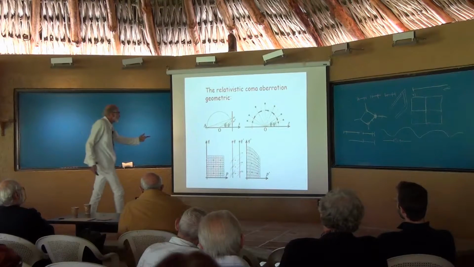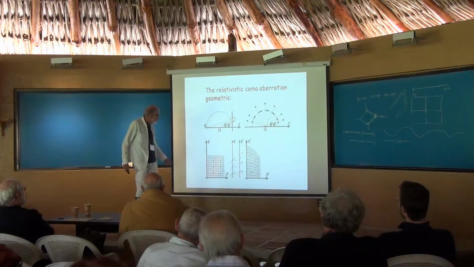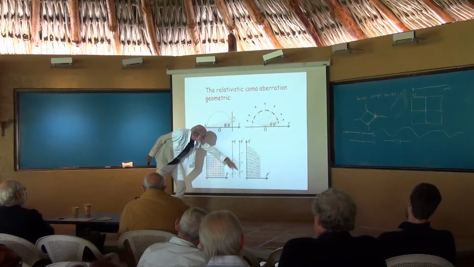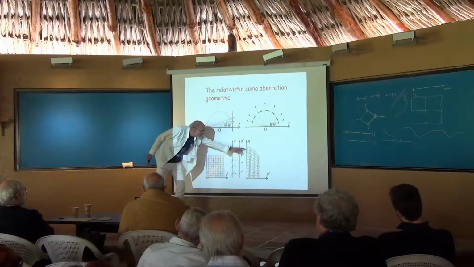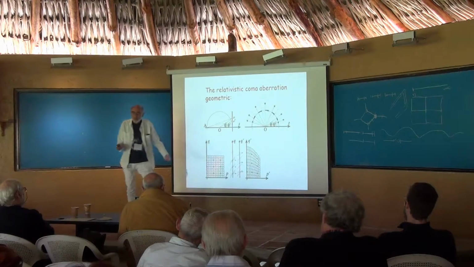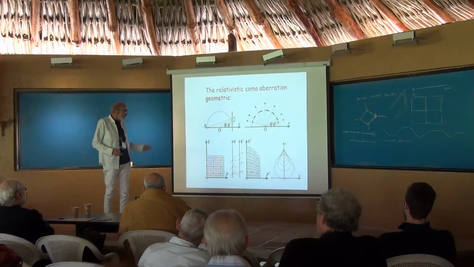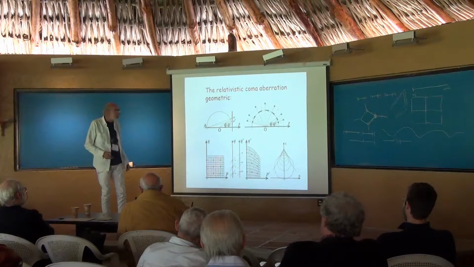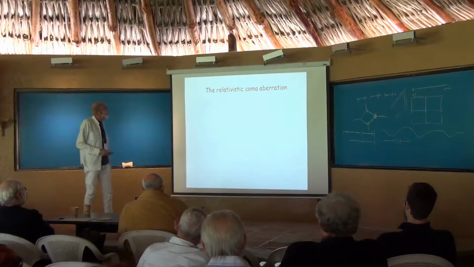This is what happens with a patch of phase space. You see, these are lines, and after relativistic transformation, you get these ones. So phase space deforms canonically, and each point of light generates a chromatic phenomenon, which is what we started out with.